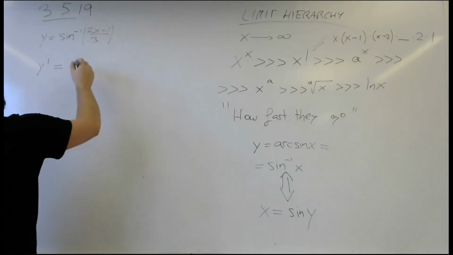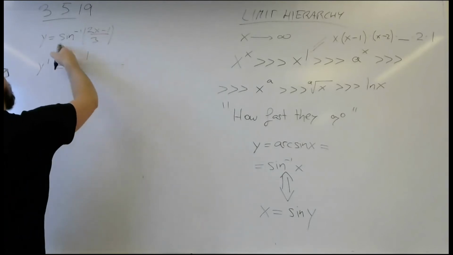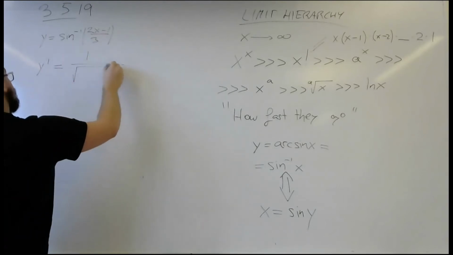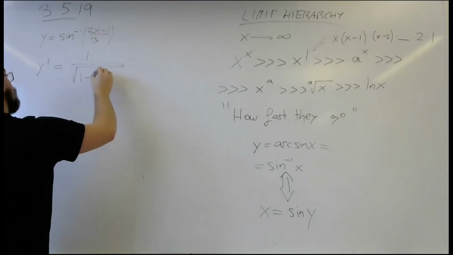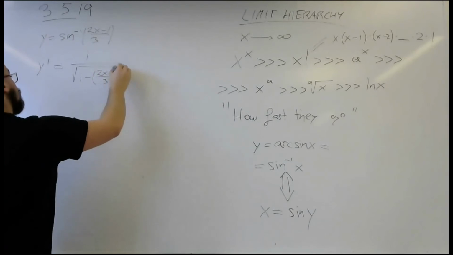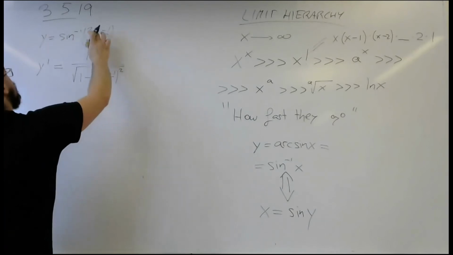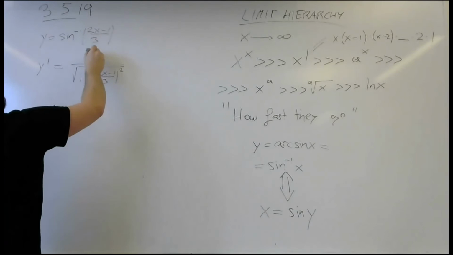And this is the derivative of the arc sine times the derivative of this inside, which is 2.